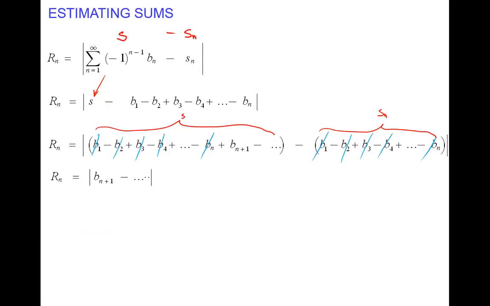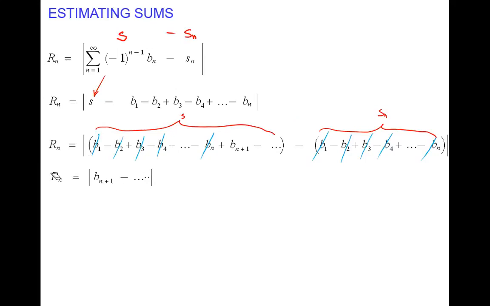What's left is always the next term that is not included, which is b sub n plus 1, and we keep subtracting and adding. All of the terms are getting smaller and smaller. This quantity will always be positive anyway, but I still keep the absolute value.